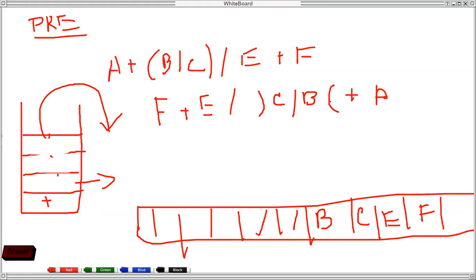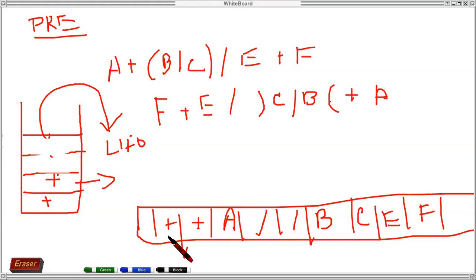Okay. And what happened? This plus enters the stack. And then you have A. You have A. A part is done. Now inside the stack you have two operators. Now as per the technique of LIFO, that is last in first out, my rest of the operators will come out, that is plus and plus.